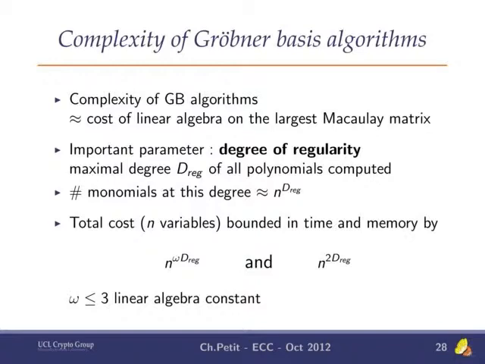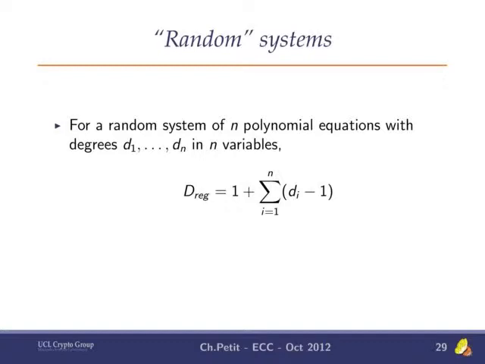Of course, this parameter is very important. For random systems, we have an explicit formula which tells us that if you have n equations with degrees d1 up to dn in n variables, the same number of equations and variables, the degree of regularity is roughly the sum of the degrees, let's say.